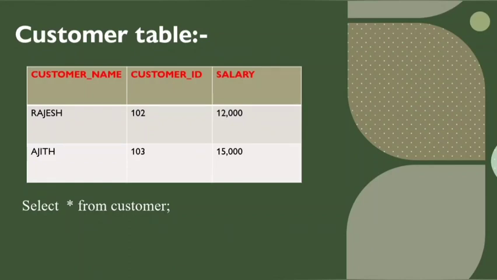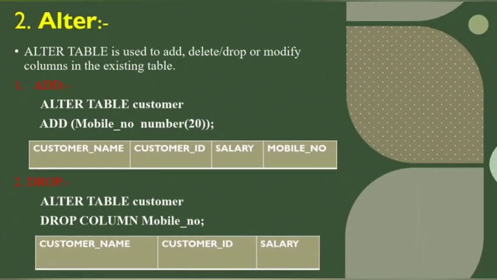Okay, I hope you guys understood the concept of the create command, how to create the database and how to create the tables. Okay, and the next one we have is the alter command in the data definition language. Alter command, alter is nothing but changes.